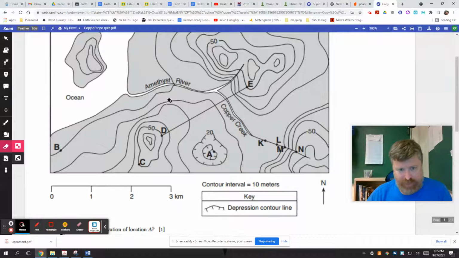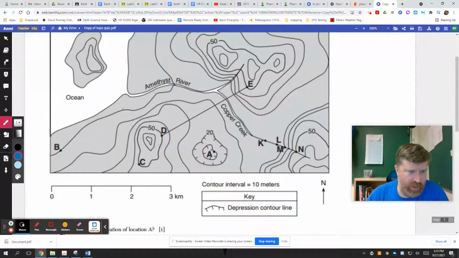But it's like when you're coming uphill, and this was the point of doing the topo volcano thing that you did in that plastic shoebox. If you're coming uphill out here on the ocean at sea level, it's at 0, and then we go by tens. So that line's 10, that line is 20. So over here it's 20, and that's 20, and that confuses people a little bit, but it's okay. 30, 40, 50.